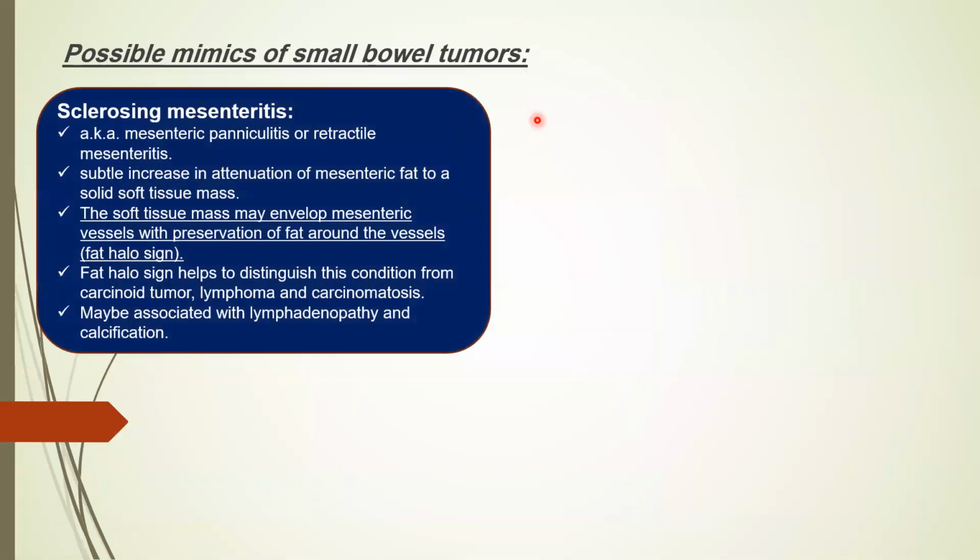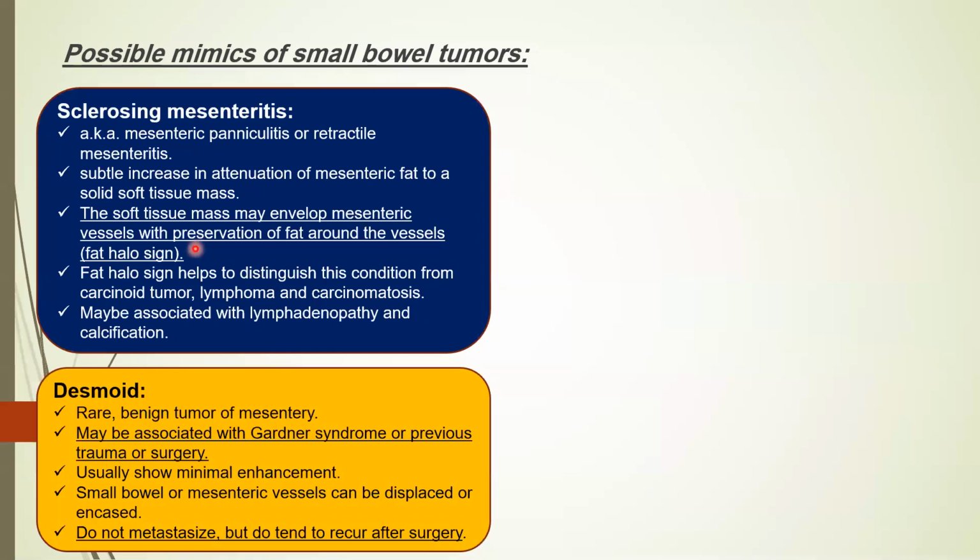These are some possible mimics of small bowel tumors. Sclerosing mesenteritis, also known as mesenteric panniculitis. The most important feature of this condition is the fat halo sign, as I mentioned. And also we have the desmoid. It is a rare tumor. It is not related to the small bowel.